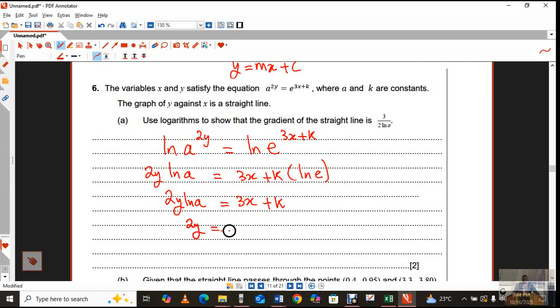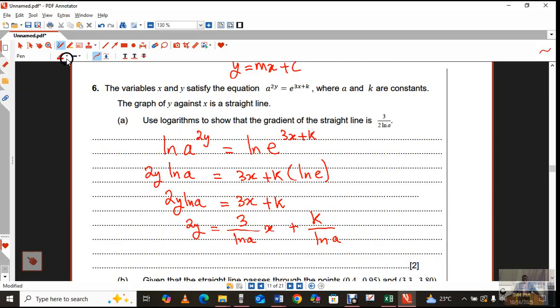So I have 2y is equal to 3 divided by the natural log of a, x here, plus k divided by the natural log of a. But there's that 2 there, so I'll be dividing every term by 2 as well.